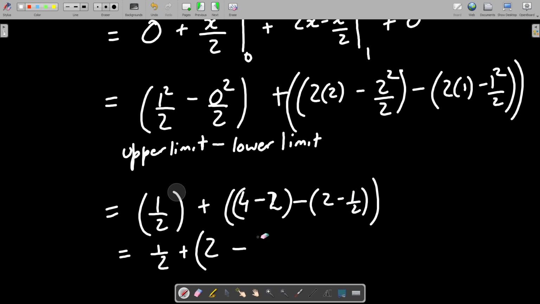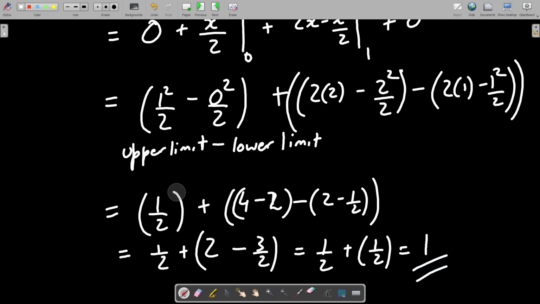Two minus half is 3/2. Correct? Okay, now at least something more is clear to you all. We'll do more examples, don't worry.